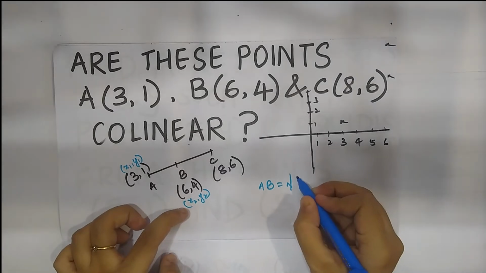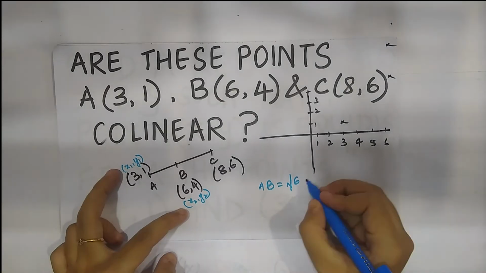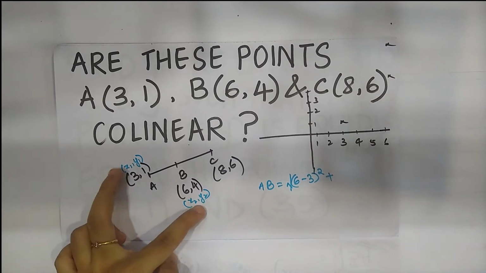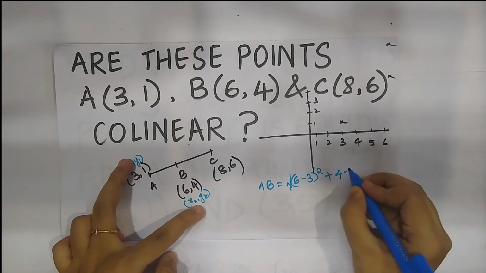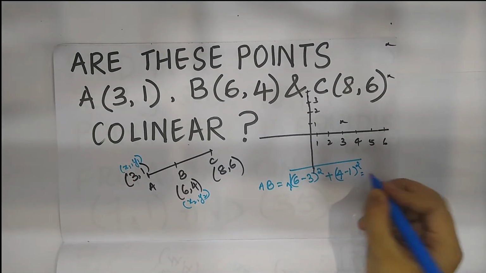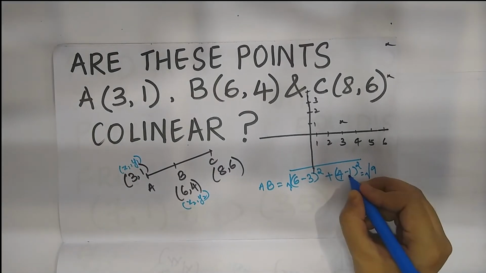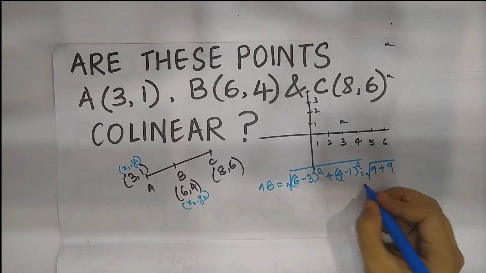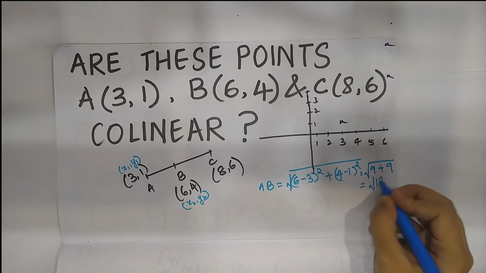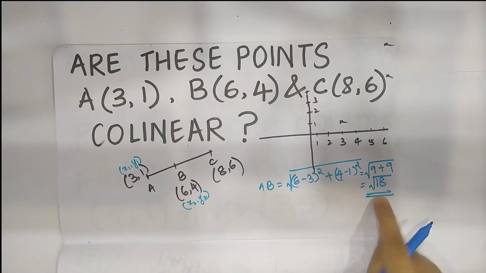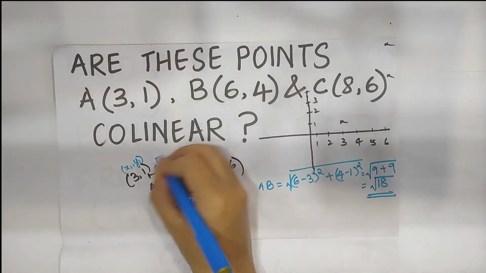So x2 is 6 and x1 is 3, and y2 is 4, y1 is 1. So 6 minus 3 is 3, and 3 square is 9. And 4 minus 1 is also 3, and 3 square is again 9. So 9 plus 9, square root of 18. So we have our first distance, AB, which is square root of 18. Let me place that here.